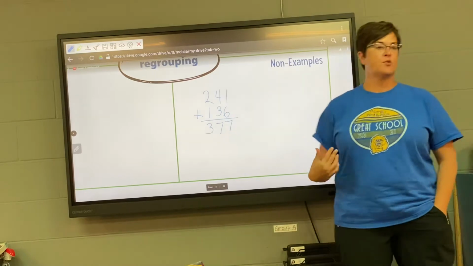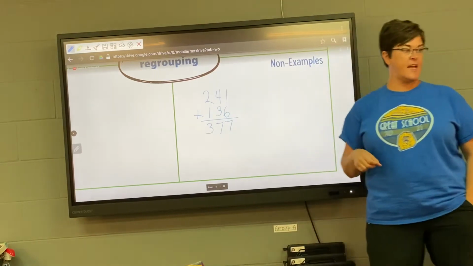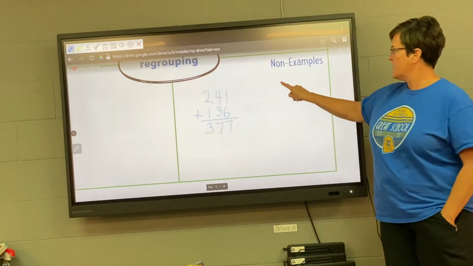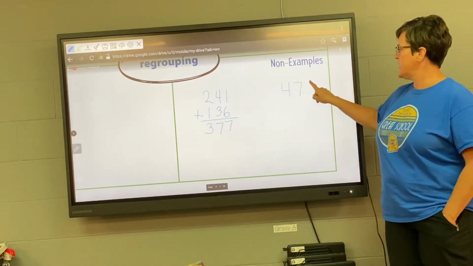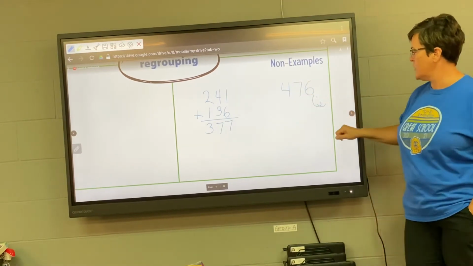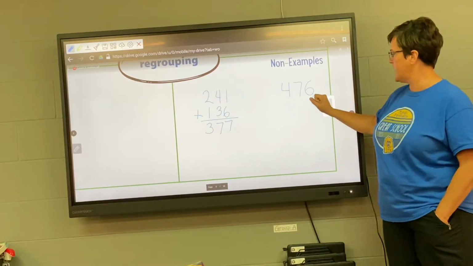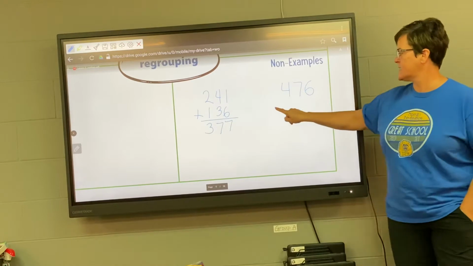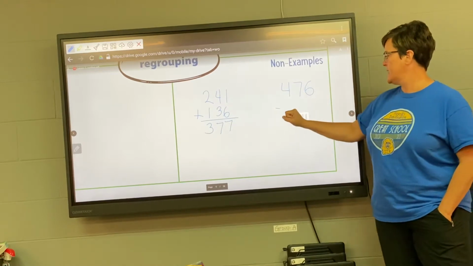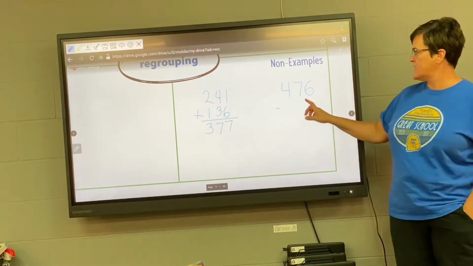Let's do a subtraction non-example. 476. Whoa, my hand got a little carried away there. Okay, everybody, 476. We're gonna subtract.